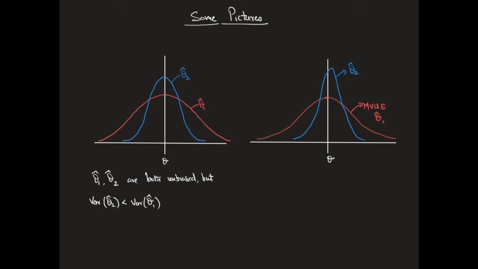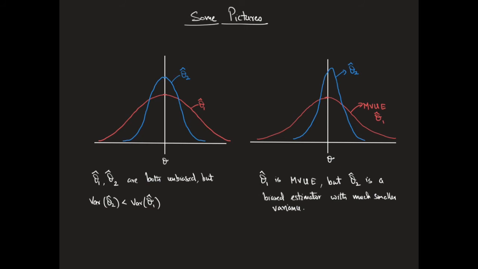Note that the blue estimator might not necessarily be the minimum variance unbiased estimator. For the picture on the right, the red graph corresponds to the minimum variance unbiased estimator, theta 1 check. But notice that theta 2 check, which is the blue graph, is a biased estimator but has a much smaller variance. And depending on the context, it might be useful to use that estimator over theta 1 check.